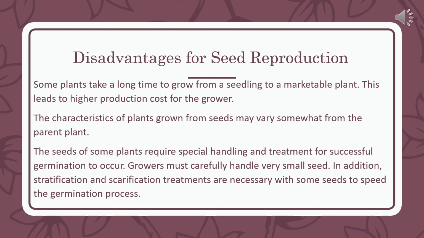And then, like I said, scarification treatments might have to be performed, as well as another term, stratification. So those will help speed the germination process. But again, we have to think about each seed that has to be handled individually and put through a special process is going to take extra time. Your time is your money. So the longer we spend handling seeds, the more money we have put into each individual plant.